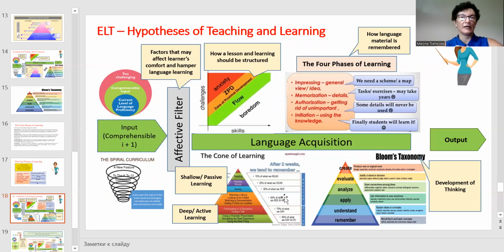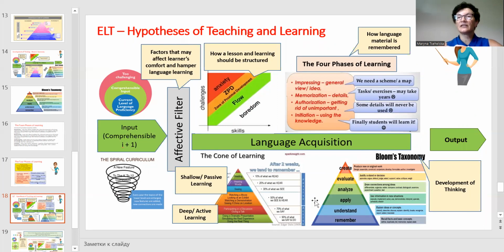And in your class, you remember about the shift from shallow and passive learning into deep and active learning. It may only happen when your students not only read, hear, and see, which is shallow and passive learning, but also only when they are actively involved into learning.